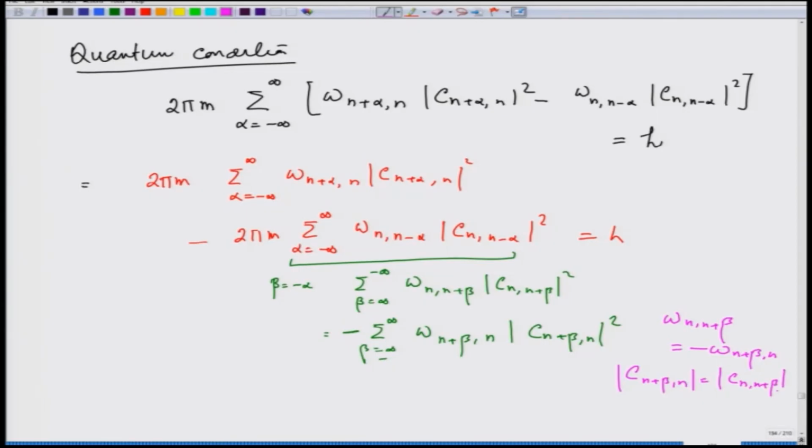If I switch the two, it does not really change whether the transition is from n to n plus beta or n plus beta to n. And therefore, I can write this quantum condition also as 2 pi m summation alpha equals minus infinity to infinity omega n, n plus alpha modulus c n, n plus alpha square, and the second term comes from the other term. So, instead of 2, it becomes 4 pi m equals h.